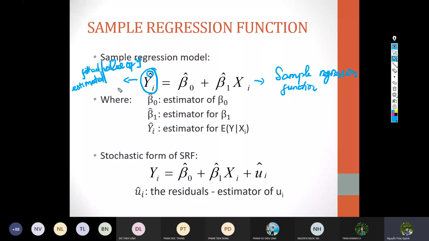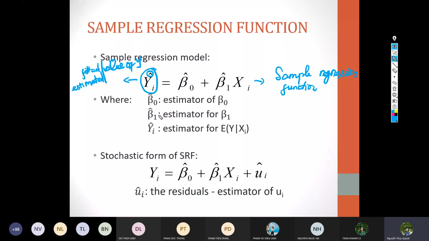A variable with a hat over it is understood as an estimator of the value of the thing that does not have a hat over it. For example, beta 0 hat is an estimator of beta 0. Okay, beta 1 hat is the estimator of beta 1.